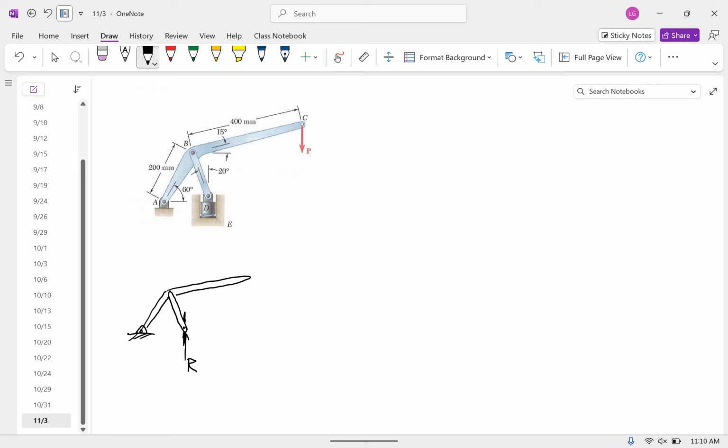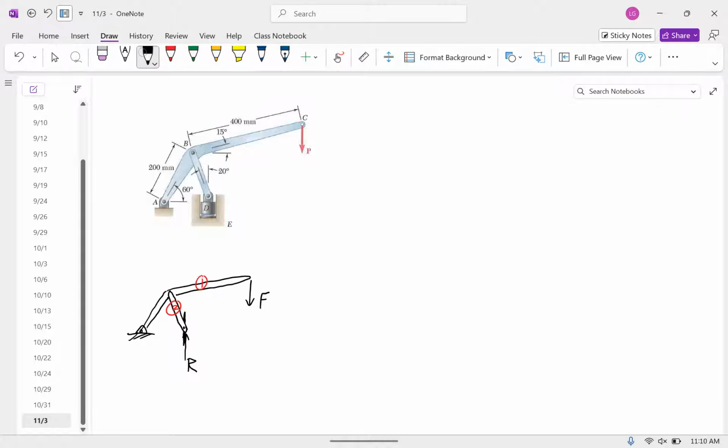And then you have your force F. That force F is a parameter that drives this thing. That's not something that you're trying to calculate. Are you with me on this? What I'm trying to get at here? I'm going to call this body 1, this body 2. I didn't even put the weight in at all. The only thing that matters to us is what's happening at that pin.